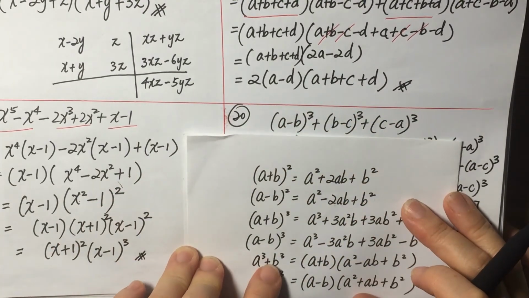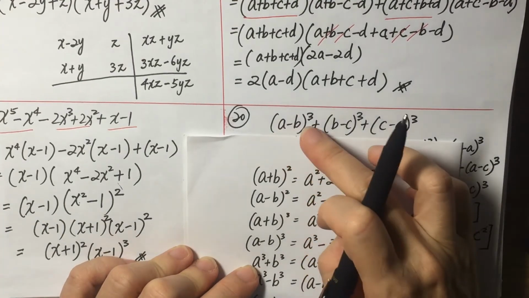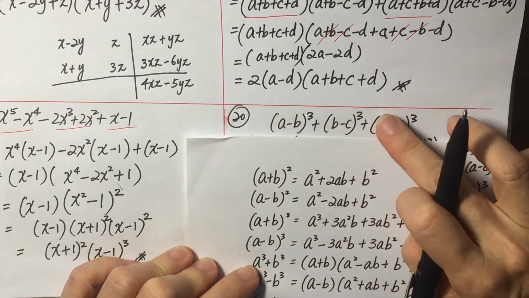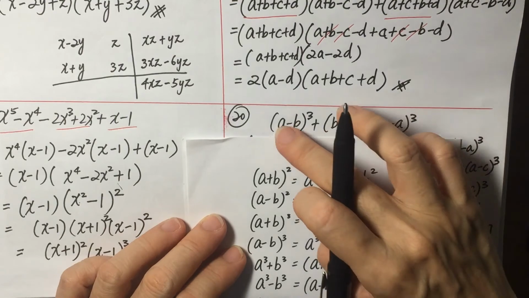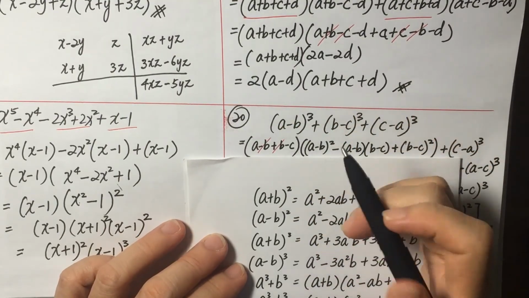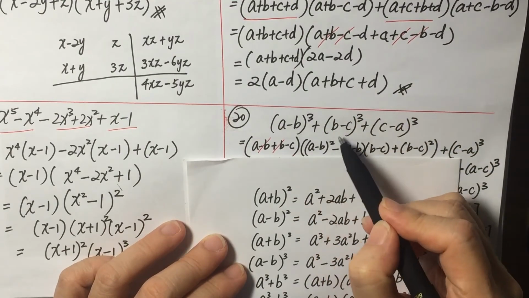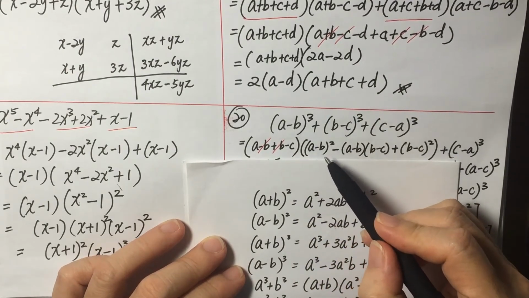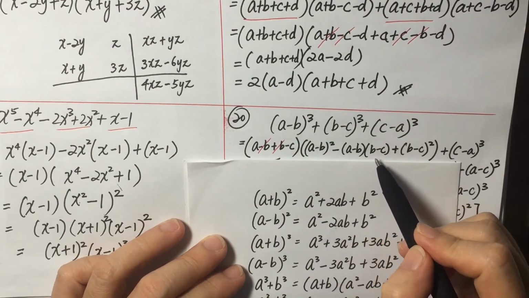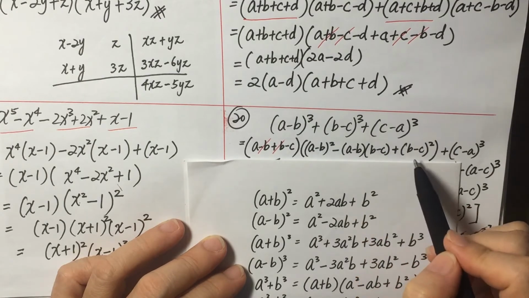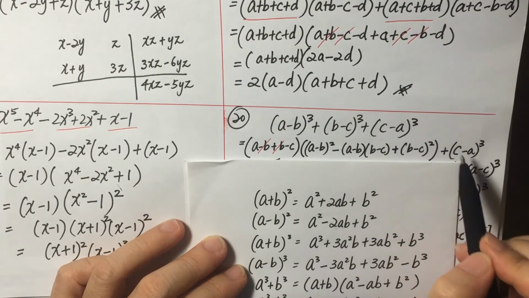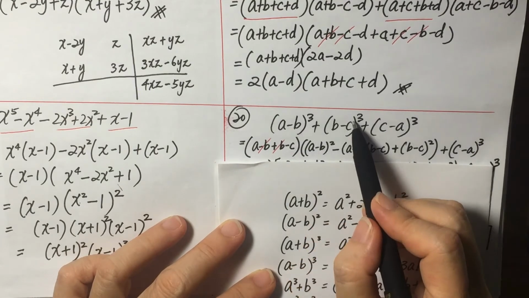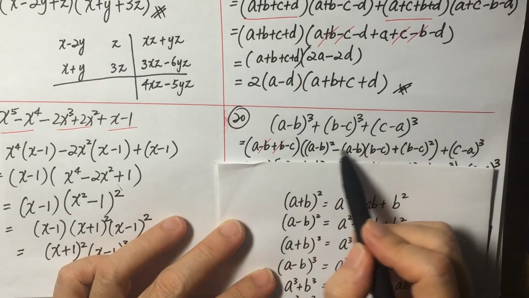We're going to factorize these two first. This one we leave it first. So we're going to factorize these two by making this my x, this my y, so (x plus y) times (x squared minus xy plus y squared), and then this one just copy. Okay, so these two factorize to be this one.